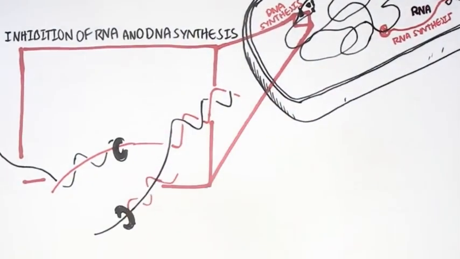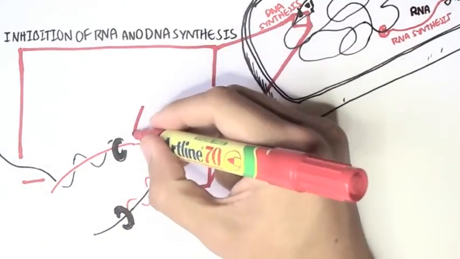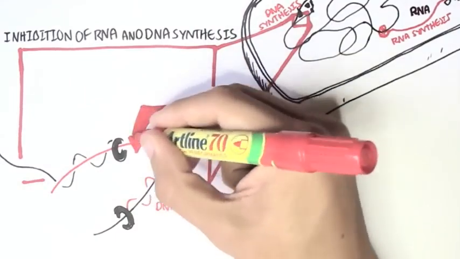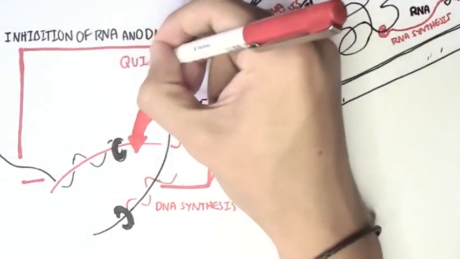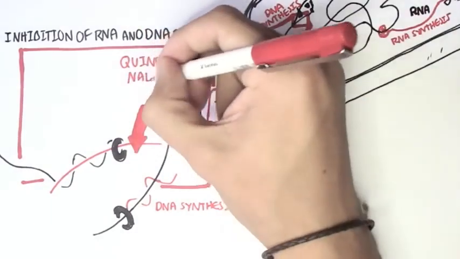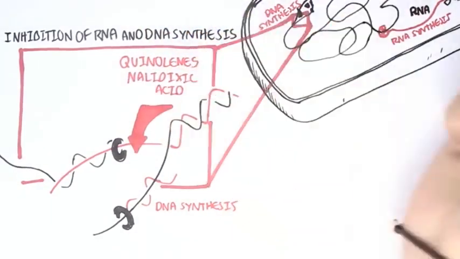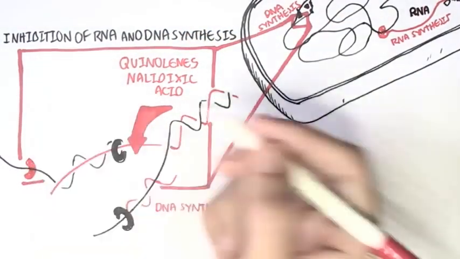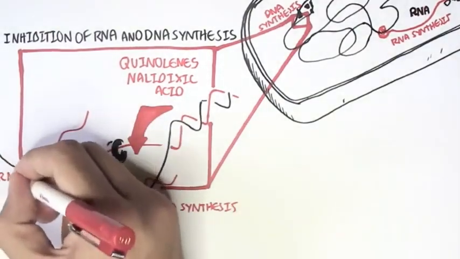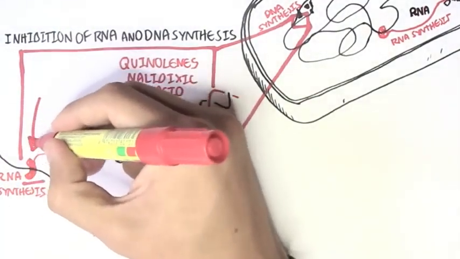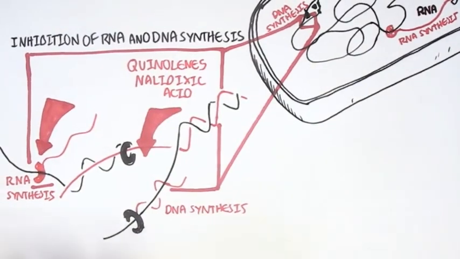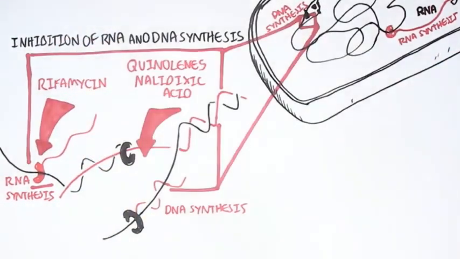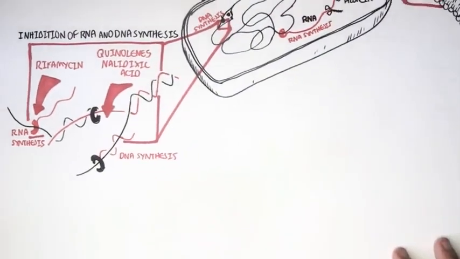So we have antibiotics that prevent DNA from being synthesized. These are quinolones and also a class known as nalidixic acids. And then, of course, RNA can be made from the DNA. And there are drugs such as rifamycin, which prevents RNA synthesis and therefore protein synthesis.